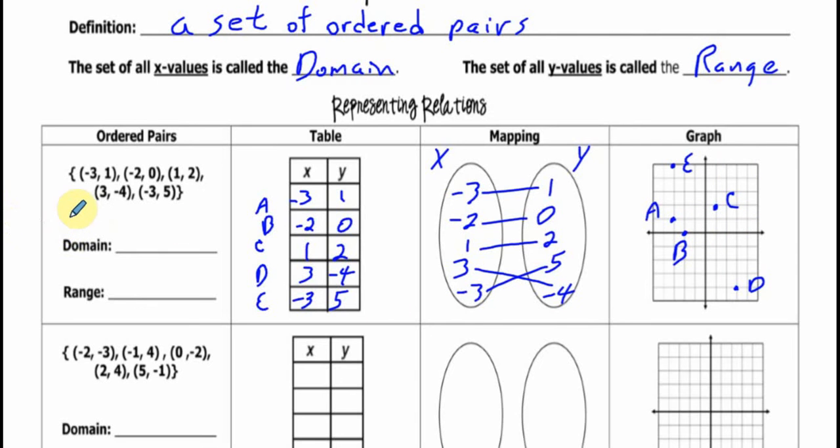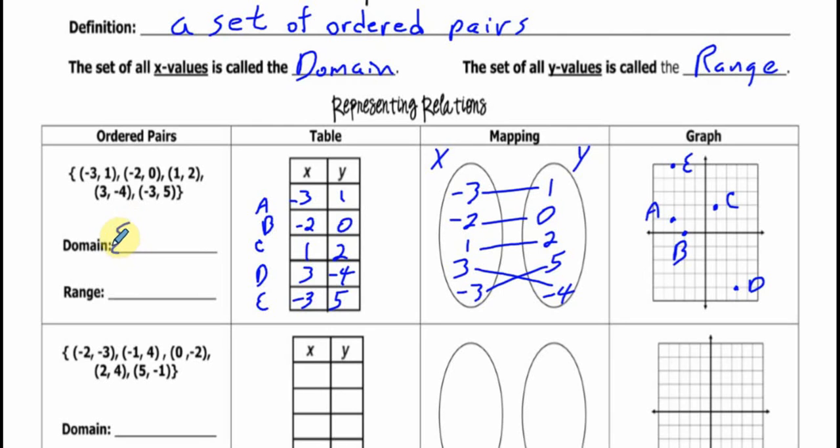Now, the only thing we still need to do is work on domain and range. So my domain, remember we want to use the set of all x values. So I'm going to use my set notation. And all I have to do is pull out or call out the x's. It's probably easier to use the table. One thing I want to note is if you have the same number twice, -3 and -3, you don't have to say it's in the domain twice.